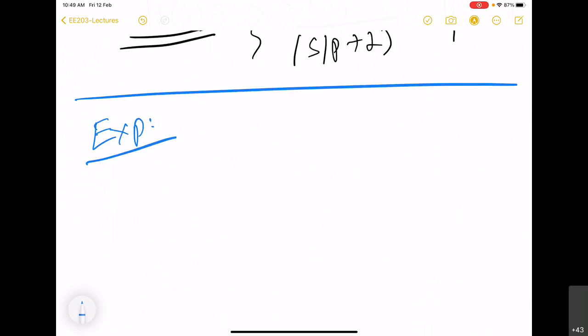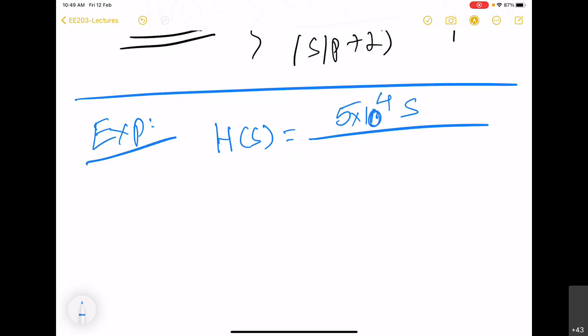So suppose we have transfer function H(s) is equal to 5 into 10 raised power 4 s divided by s square plus 505s plus 2500. Suppose this is a transfer function and we want Bode plot.